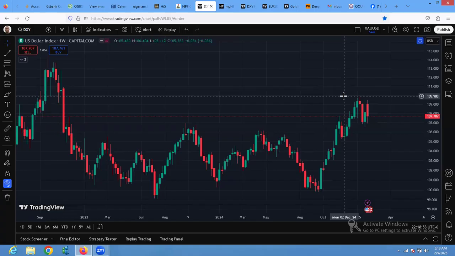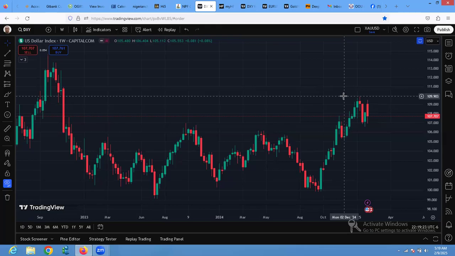When we have this scenario developing, you have to really be careful, because what we expect is for the dollar to fall, but it might not be in the immediate. You must have at the back of your mind that the dollar may also start falling.